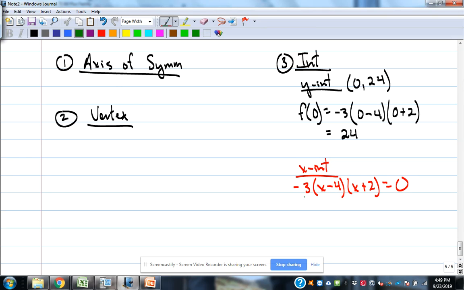So I'm going to get rid of this -3 by division. Get x minus 4 parentheses x plus 2 in parentheses, and 0 divided by -3 is always going to be 0. So now it goes back to that idea when we were doing factoring. What do I do with each one of those sets of parentheses to solve this problem?